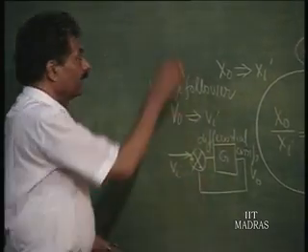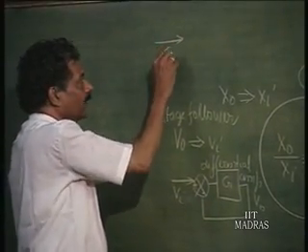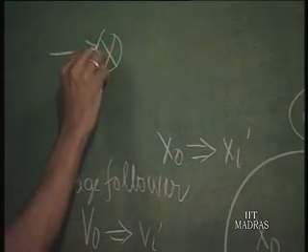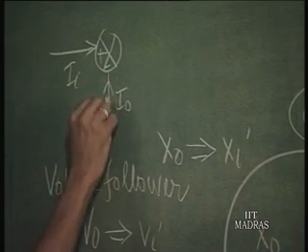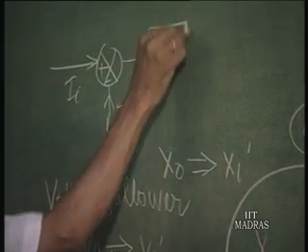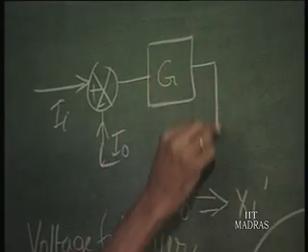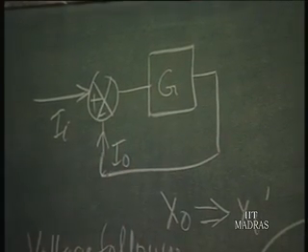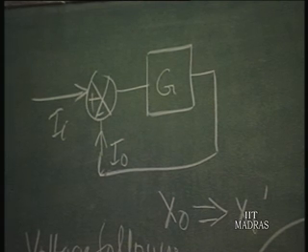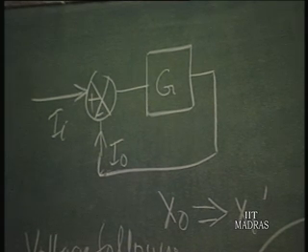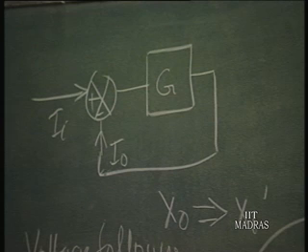Again, if I say this is Ii and this is Io and this is a current amplifier, this also we have done in what we call a transistor connected as a diode.